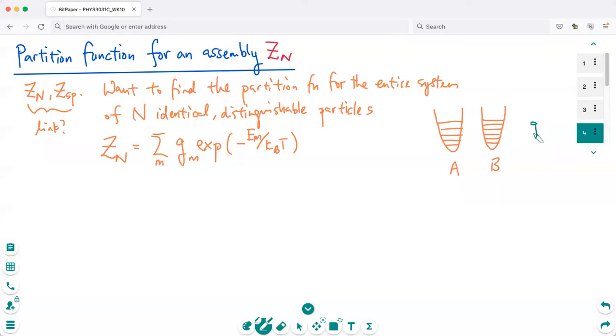So to simplify, I will first take the degeneracy to be 1. That's to say all these energy levels here are non-degenerate. Each one is a unique one. And I'm going to label them. So the lowest one will be epsilon 1, epsilon 2, and so on.